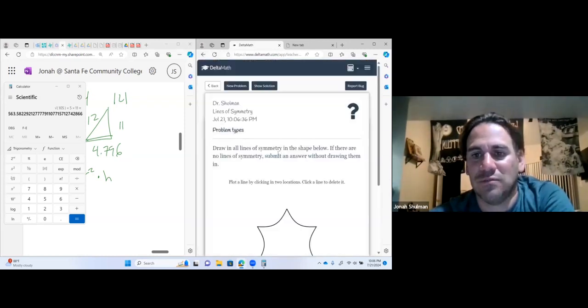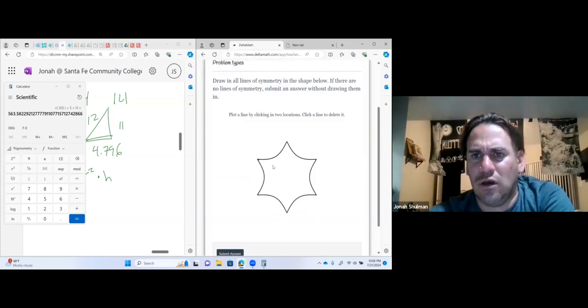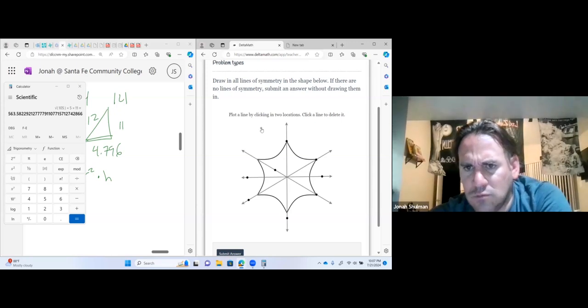And then here's some lines of symmetry. My eyes are so bad at these. Okay, oh no, there's some more.